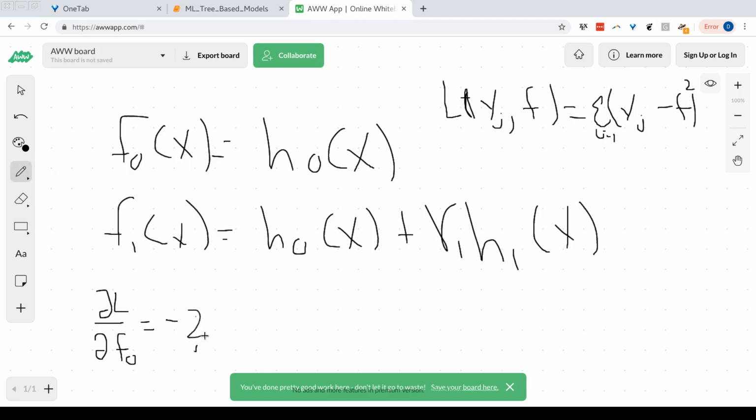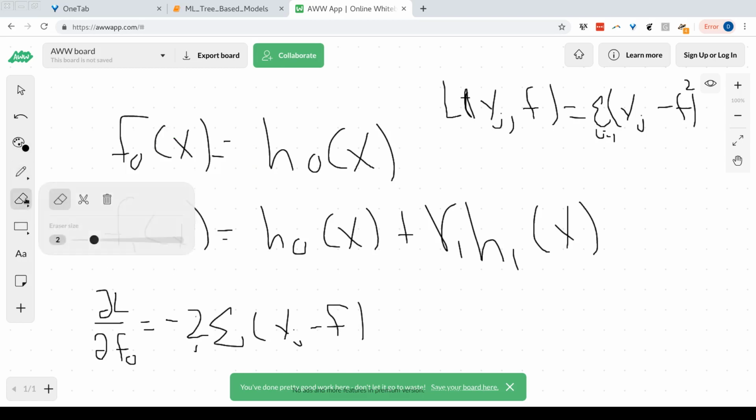So we have -2 times the summation of y, the true value, minus f. You don't need a summation sign because we're going to calculate the pseudo-residuals for each observation. So it's -2 times this residual, this deviation. So this right here is our pseudo-residuals.